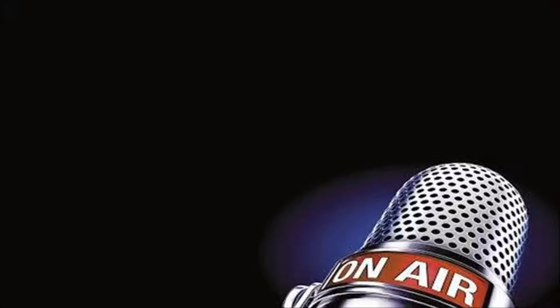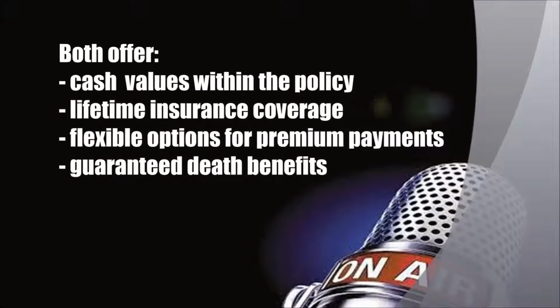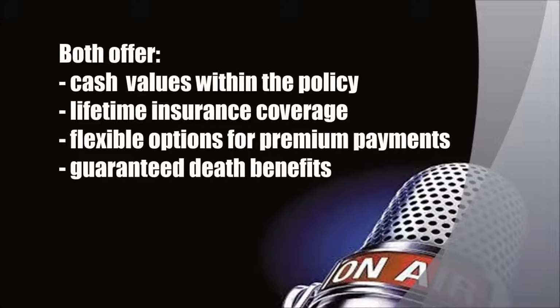Sure. So, very easy. Both participating and universal life insurance offer permanent, lifetime insurance coverage. Universal life insurance offers flexible payment options of 10, 15, or 20 years or life. Participating life insurance offers a guaranteed payment period of 20 years.